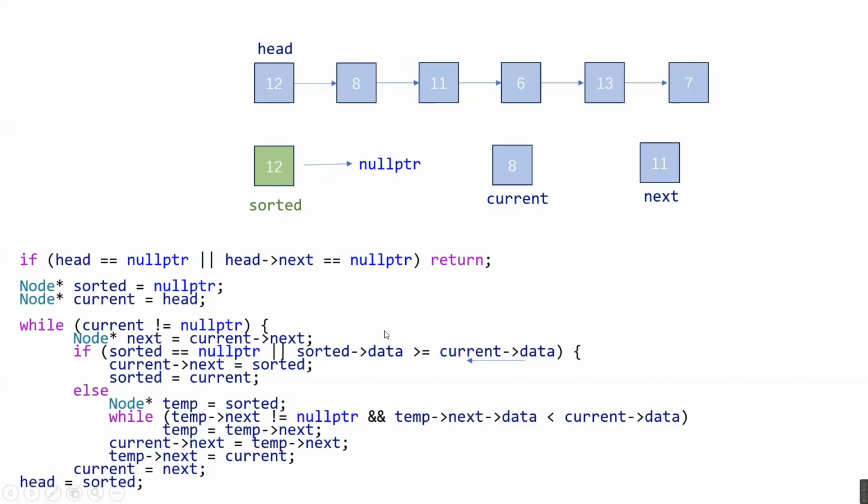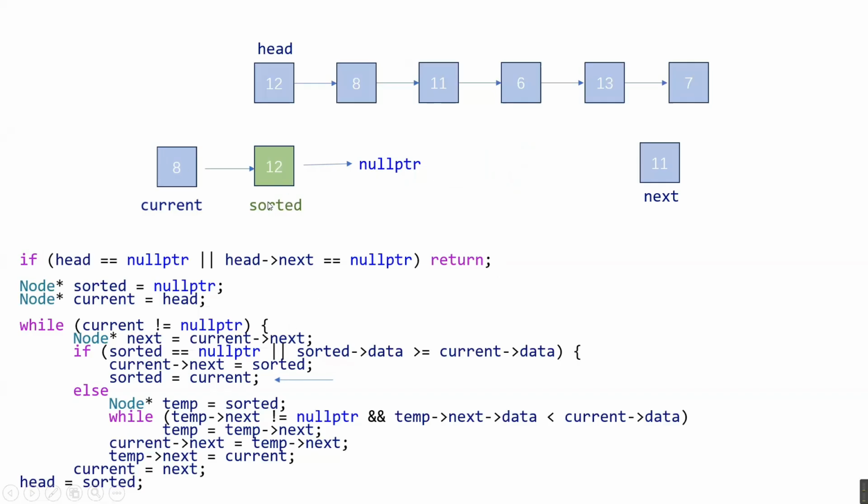So we will jump to this line. The current's next will become sorted. This one's next will become this one. That makes sense, right? Because this is the correct position, so we just use head insertion to insert the 8 into here, right? And we set sorted to become the current.